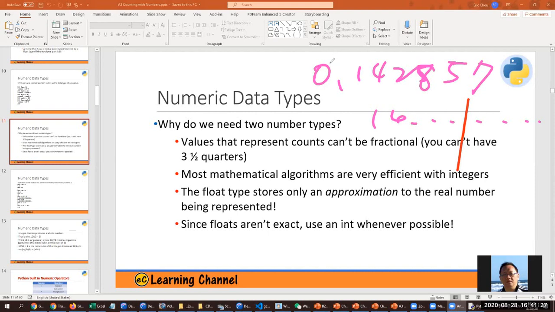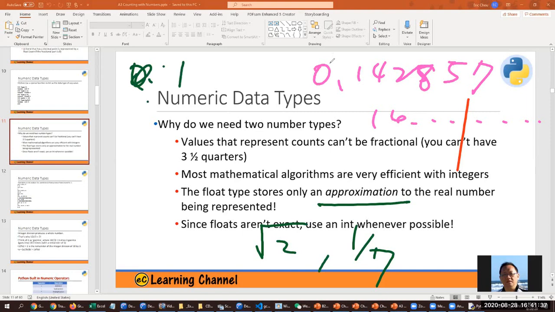So these are approximations. Square root of 2 or 1/7 don't have an exact number of bits. But if you have 1 divided by 5, you will have 0.2. That is an exact number, right? You can represent it exactly.